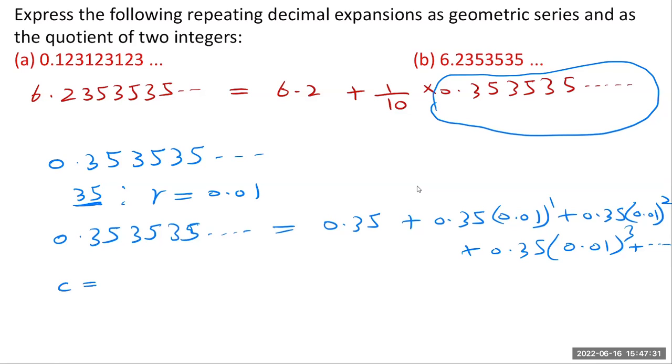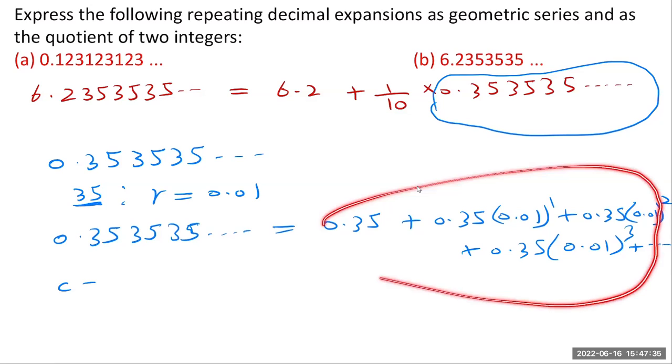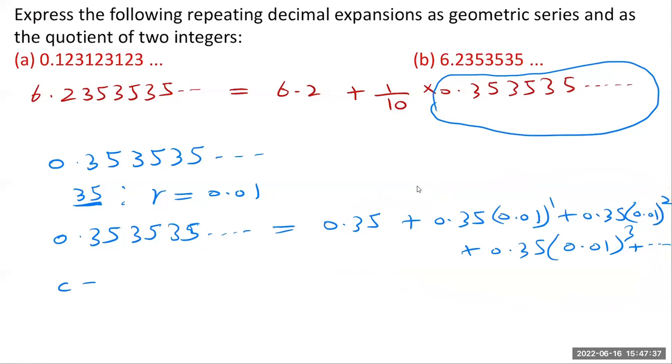In this case, this series has the form of a geometric series. The form of a geometric series is C plus CR plus CR squared plus CR cubed plus dot dot dot. So this series has this form.